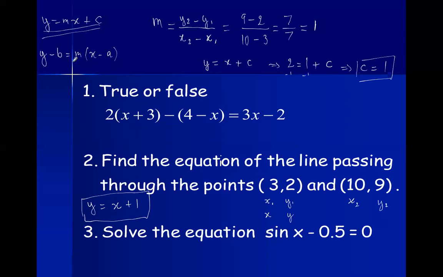Or if you prefer, we could have said y minus b equals 1 times x minus a. If I replace b, so I'm going to call that a and I'm going to call that b. So b is 2, so y minus 2 equals x minus 3.